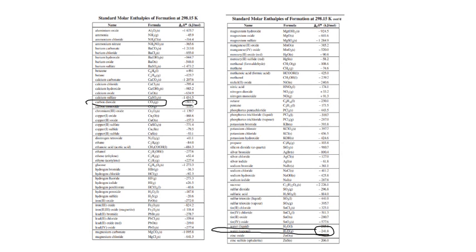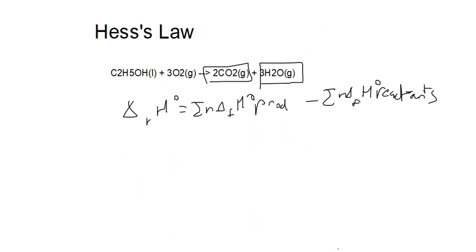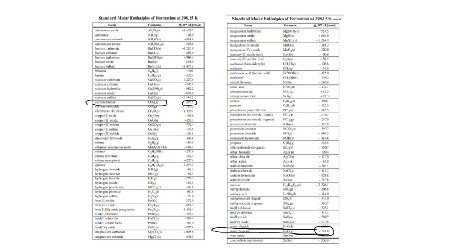Let's go back to that question. And then the product C2H5OH, ethanol. Let's look for that. This is in alphabetical order, so it's easier to look for stuff.